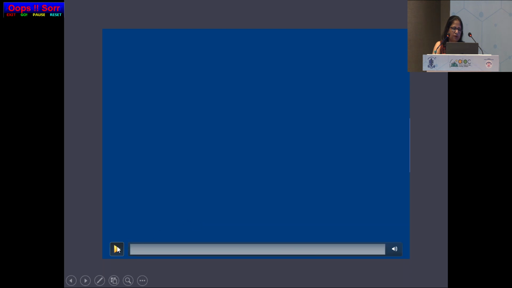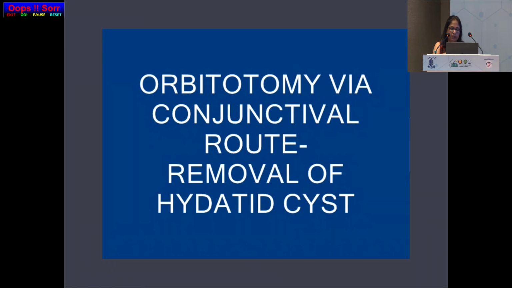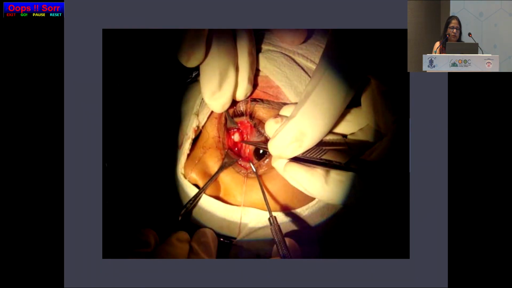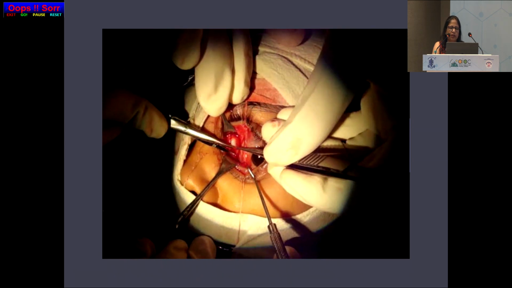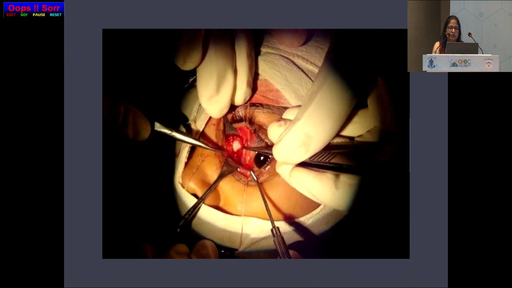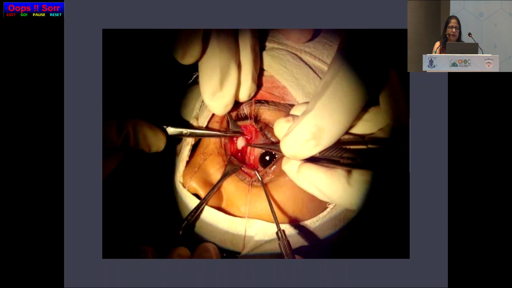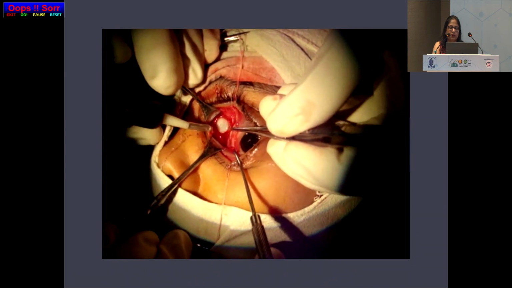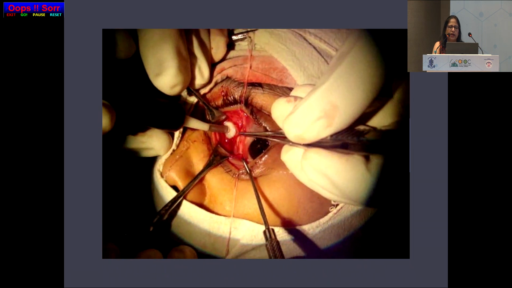This is a short video of how the hydatid cyst in this particular girl was taken out by the conjunctival approach. Here I had already aspirated the fluid and I am giving a nick in the pericyst, so that I can easily take out the ectocyst, the absolutely white thing which looks like egg white.